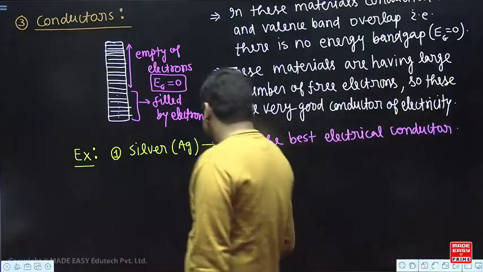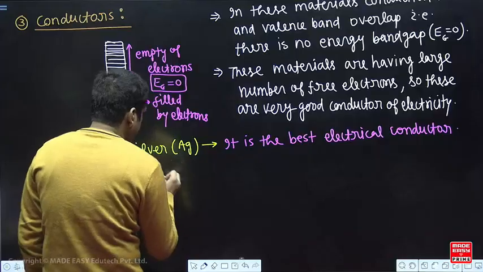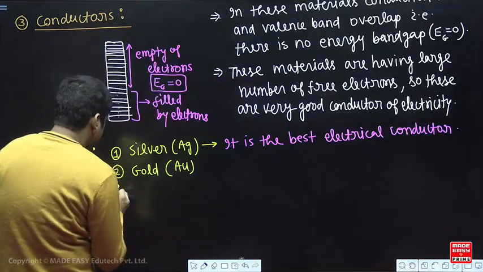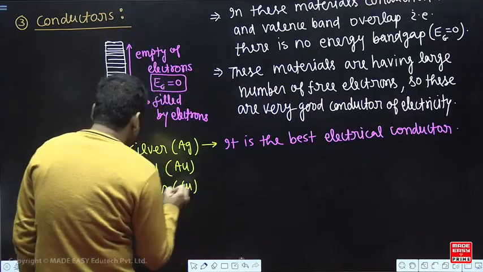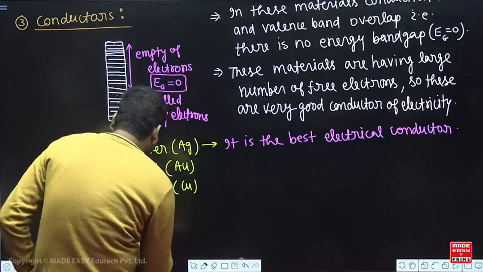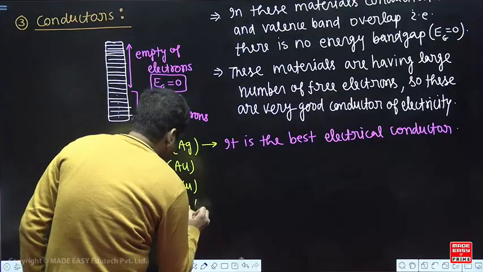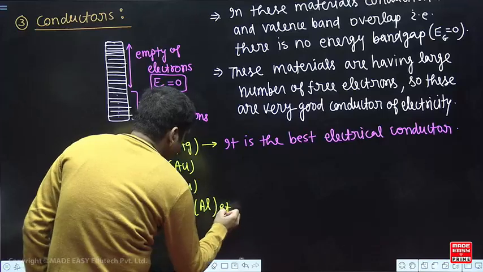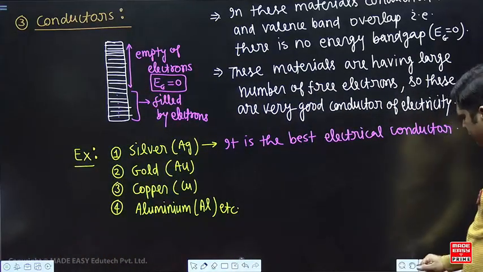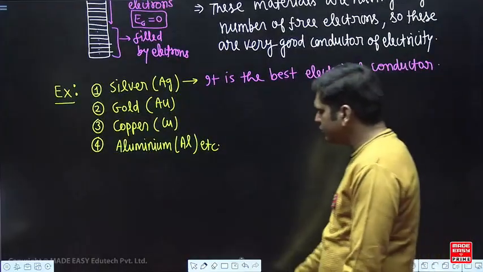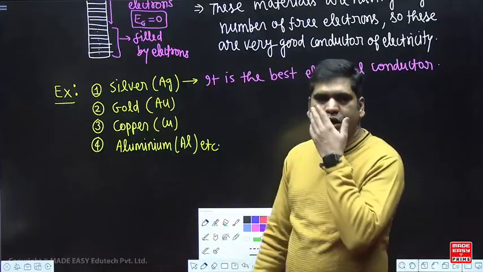Then we have gold, that is another very good conductor. The second one is gold, Au. Then copper, that is Cu. Then aluminium, that is Al, etc. Copper is a better conductor than aluminium, but aluminium is cheaper, so aluminium is very frequently used as a conductor, although cost is the only thing which favors aluminium.